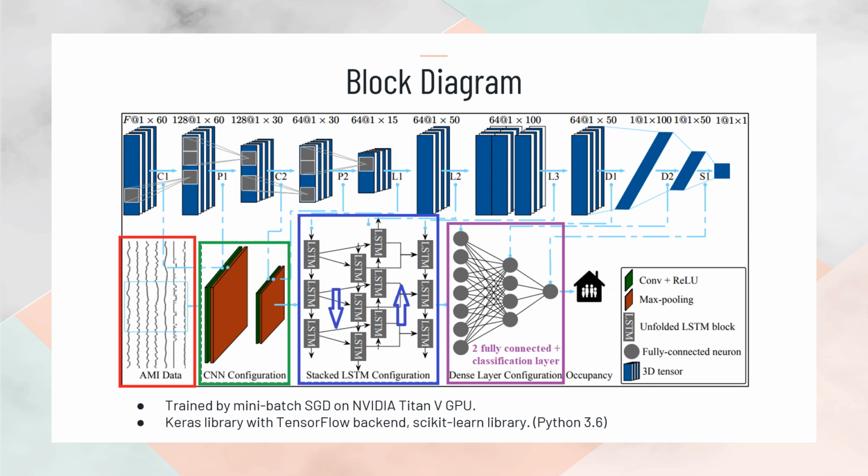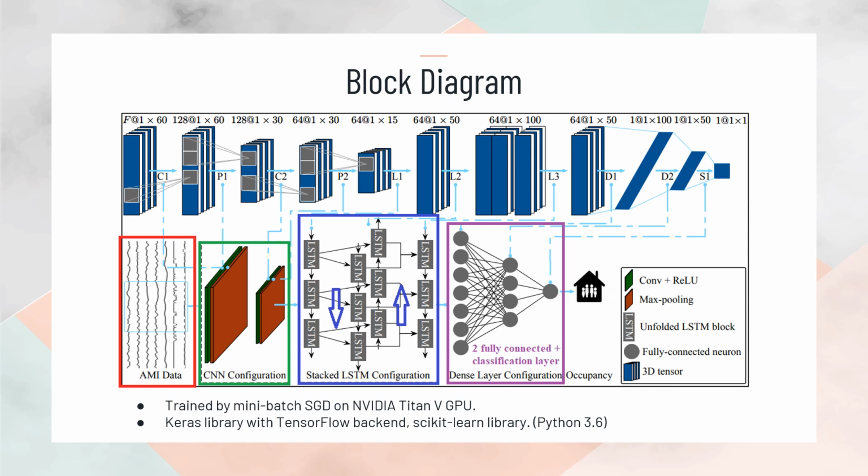The blue box borders the bidirectional LSTM, long short-term memory. CNN can only extract these spatial features. In order to understand the dependencies of these features, or we can call it temporal feature extraction, we use this bidirectional LSTM.